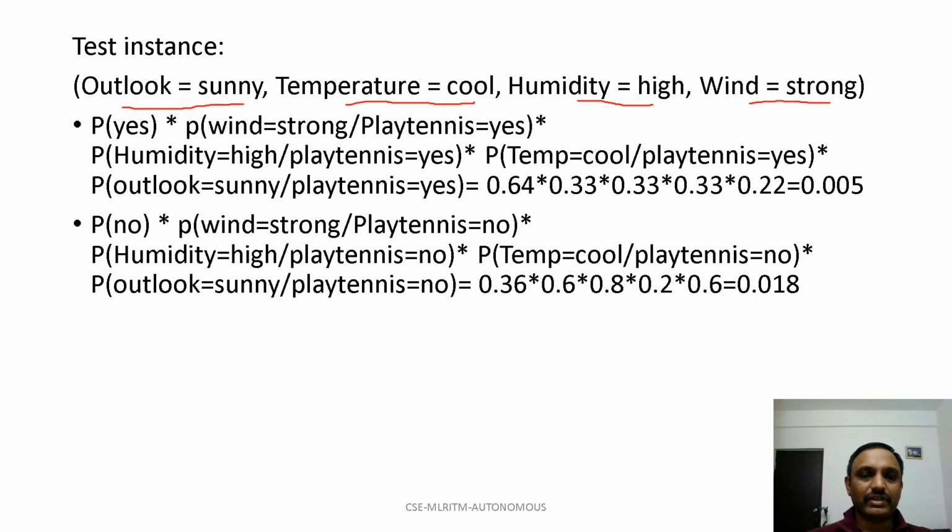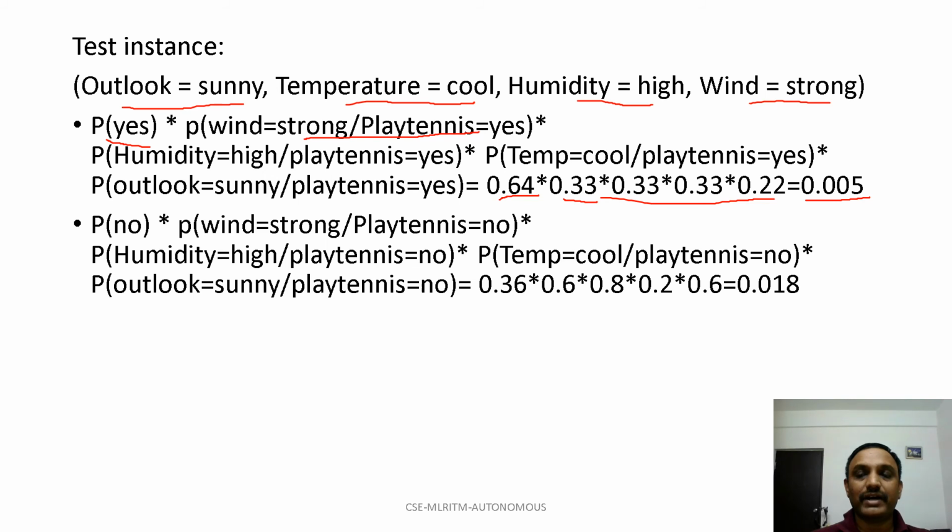So observe this one. Probability of yes is 0.64. Probability of wind equal to strong given play tennis is yes is 0.33. Like that, all these probabilities we are calculating, and we have to take the product of all those things. Then in this case, probability of target output being yes, what is the probability?